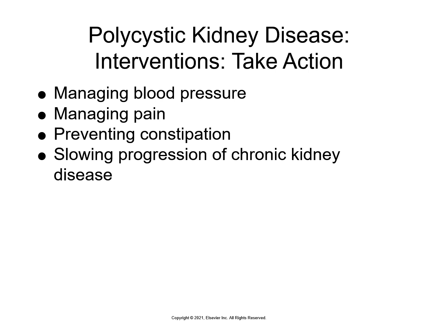You want to make sure they have adequate fluid intake. And all of this is geared to slow the progression of chronic kidney disease. So that what you're doing is you're trying to hold on and you're trying to keep the kidney as healthy as you can as long as you can.